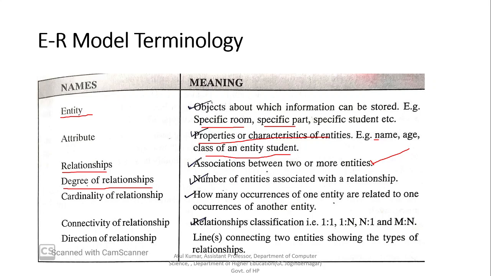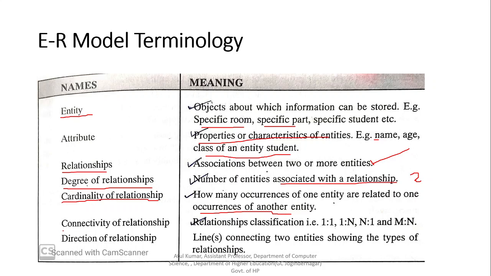Next is degree of relationship. It is the number of entities associated with the relationship. Suppose we have only two entities associated with the relationship, so the degree of the relationship in case of two entities is 2. The next important terminology is cardinality of the relationship. It is defined as how many occurrences of one entity are related or associated with how many or one occurrence of another entity.